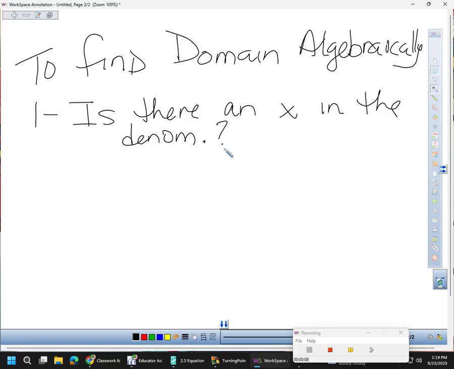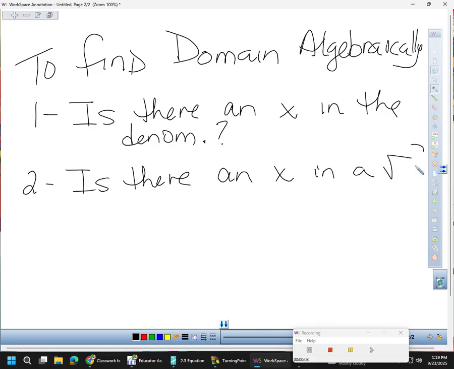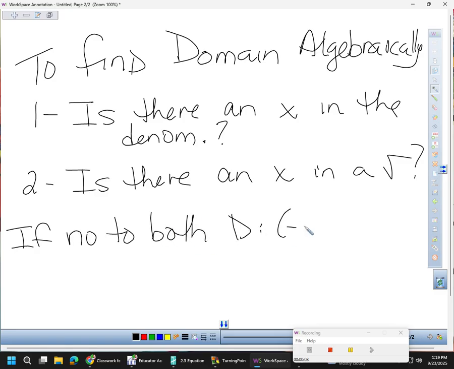That's the first question you ask yourself. 2, is there an x in a square root? If no to both, then your domain is negative infinity to positive infinity.